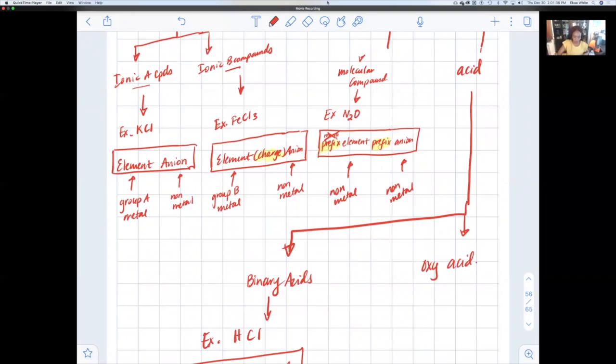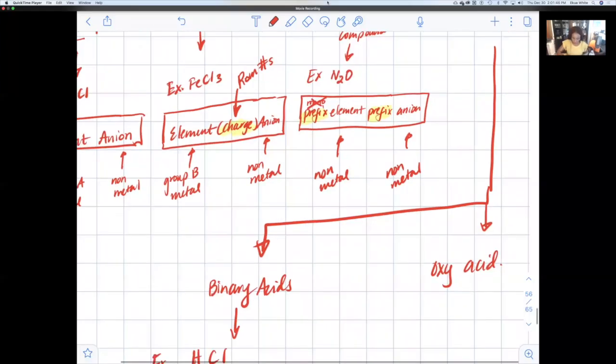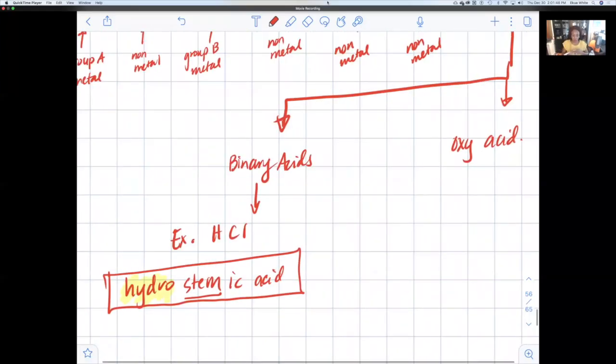Remember, the charge is written in Roman numbers, right? Molecular compounds, you're seeing prefixes, mono, di, tri. Binary acid, hydro, and then stem ic. So hydro and then something ic acid.